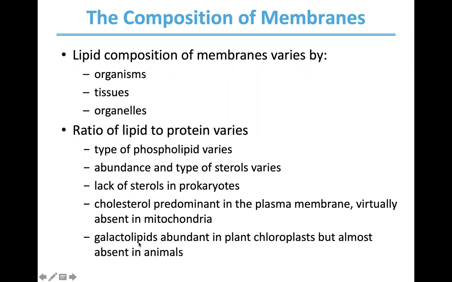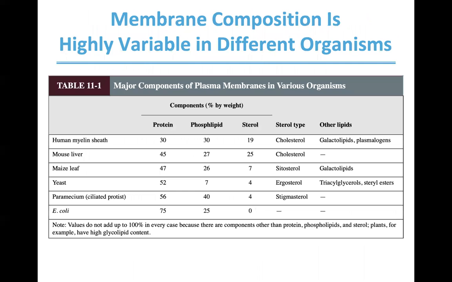For example, galactolipids are lipids which have galactose as their head group. We talked about those, and those are abundant in plant chloroplasts, but almost absent in animals.